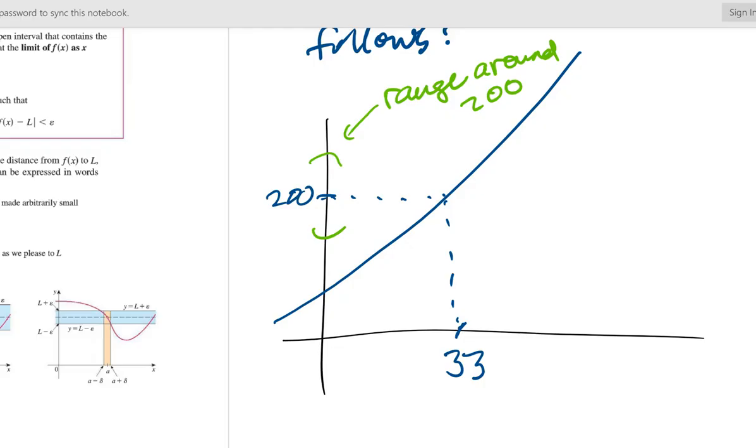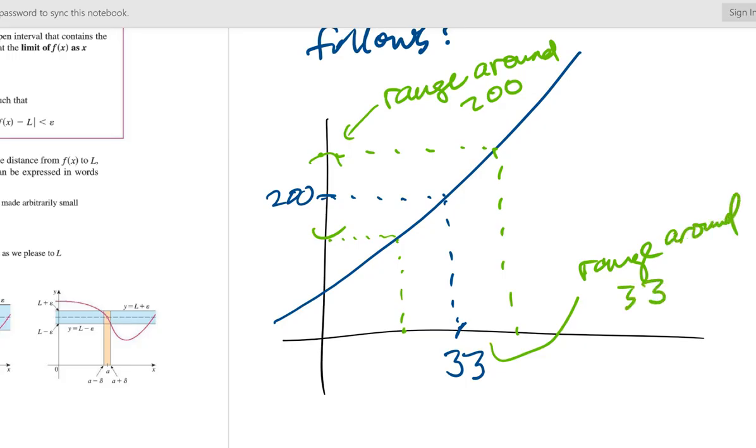Then what does the range around 33 have to be, in order for any temperature in this domain to land within the range we have around 200?